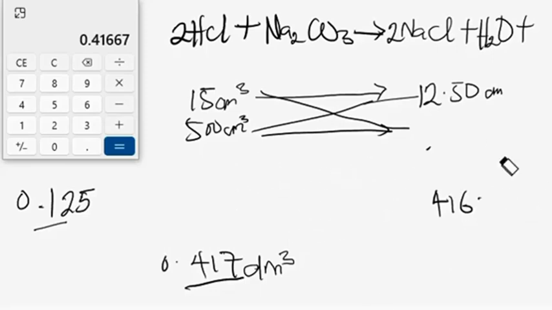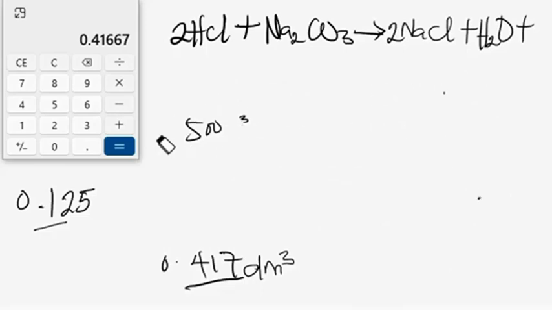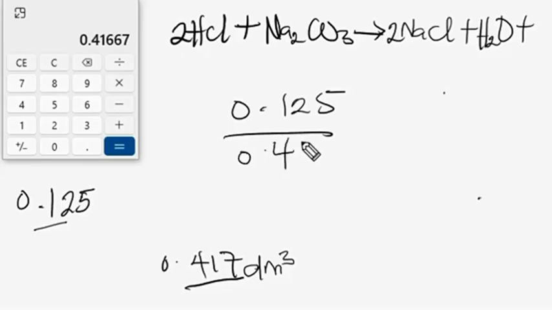So we're simply going to wipe this off, and then we'll calculate for the molar concentration. So in this case, we'll have 0.125 over 0.417. 0.125 divided by 0.417.